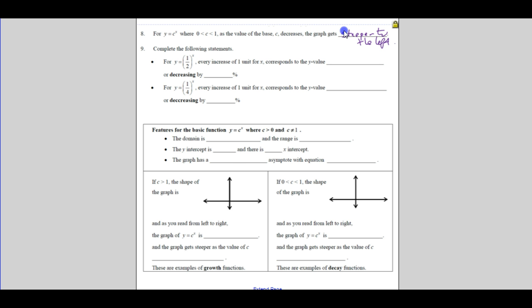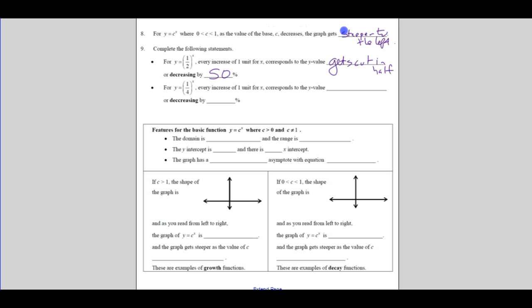For 1/2 to the x, every increase of 1 unit, so every time x goes up by 1, what happens to the y value? It gets cut in half, right? Or decreasing by 50%. So it's going half. We go from 1 to 2, we go from a half to a quarter.